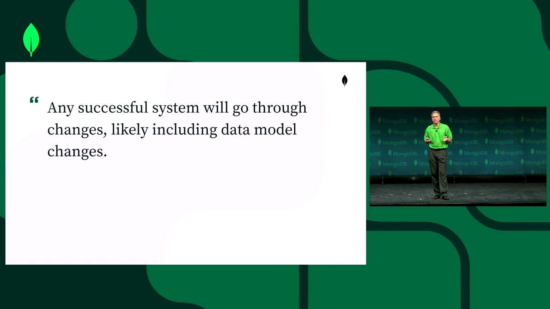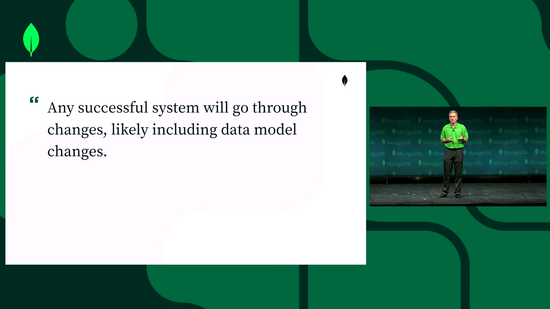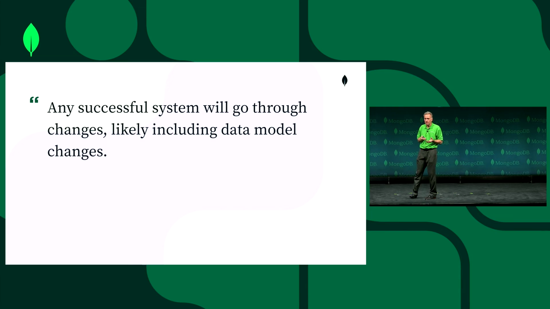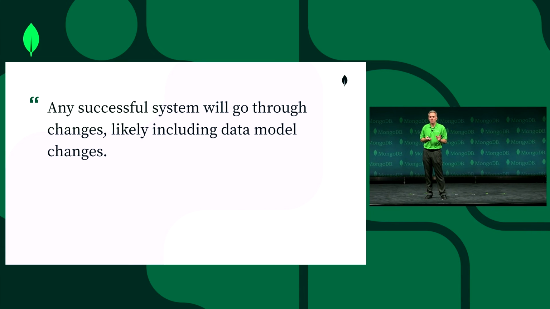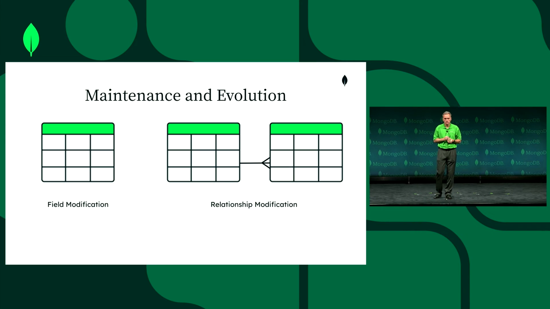So I'm making fun of government changing the rules, but it's the reality everywhere. Requirements change all the time, functionality, numbers, but any successful system will go through changes, likely including data model changes. So we can deny it and suffer when it happens, or we can accept it and just prepare for it. Using MongoDB as your backend database is an excellent way to minimize the impact of changes.